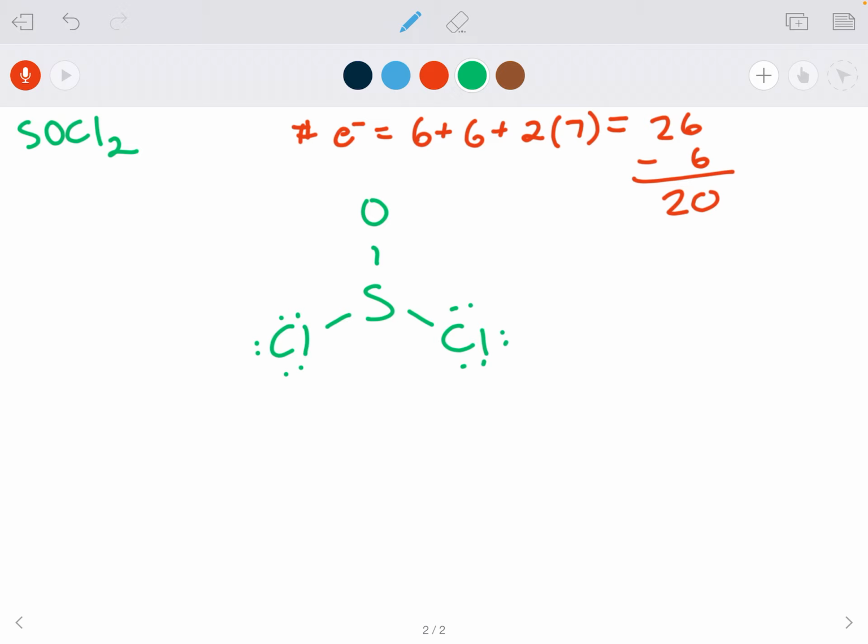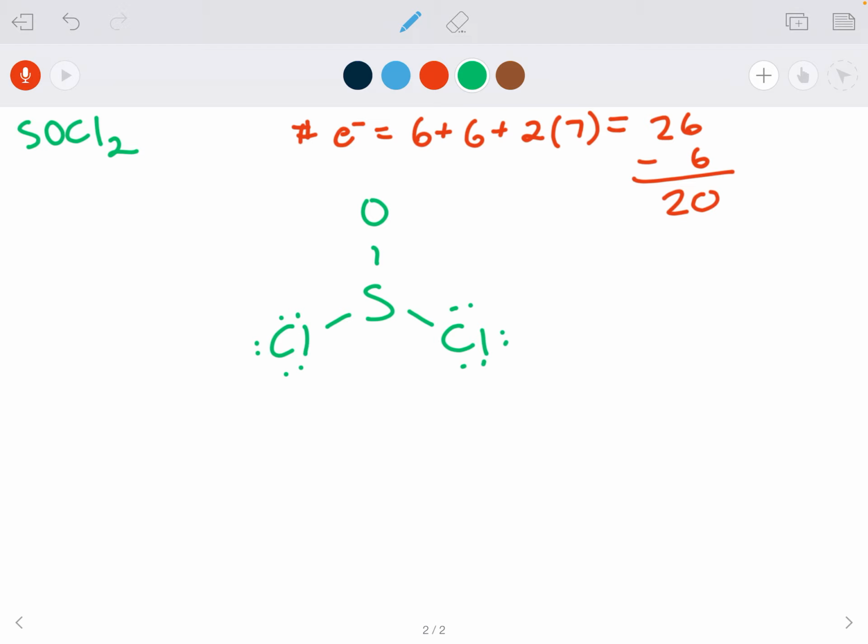Because if I do that, the formal charge of each of the chlorides is going to be 0. They have 7 assigned electrons, and they have 7 valence electrons. So that's my guess. And remember, with these Lewis structures, at the end you double check your structure to see if it's what you think could be the best one. So there's nothing wrong with putting that in now, and if we have to take that away later, we can.